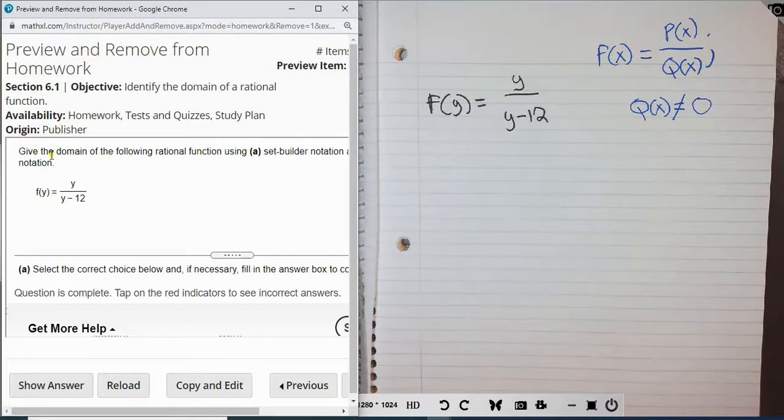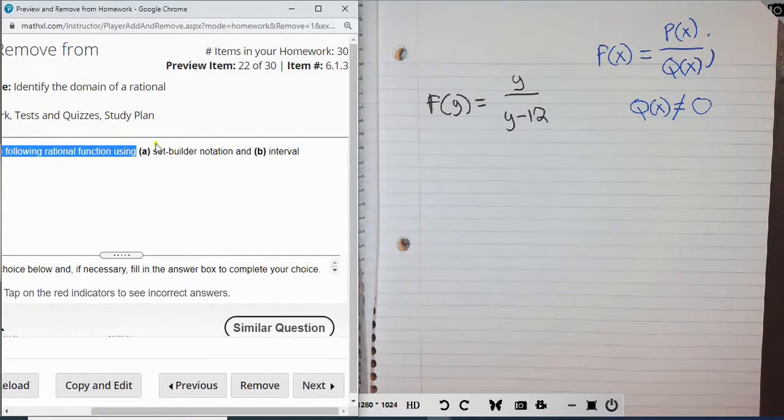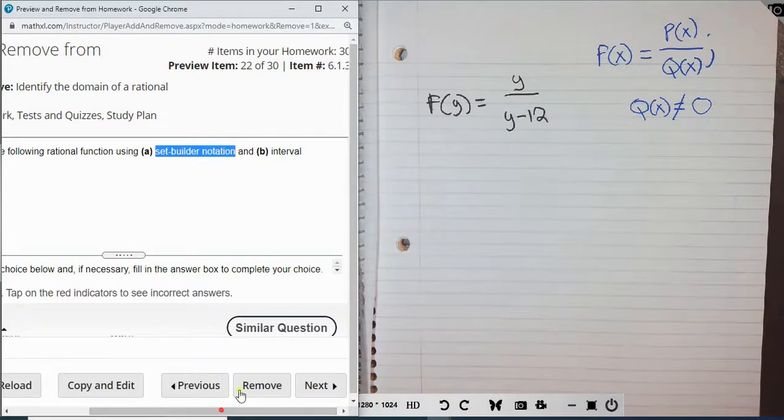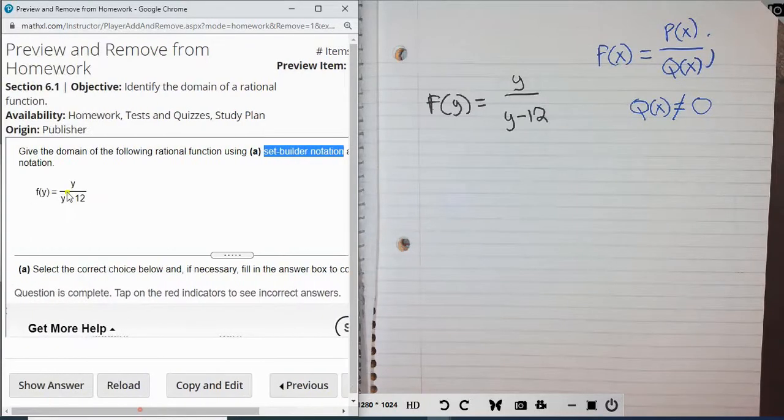Okay, so let's look at our question. Again, the instructions say give the domain of the following rational function using set builder notation and interval notation. Also interval notation, okay? So we're going to look at this.